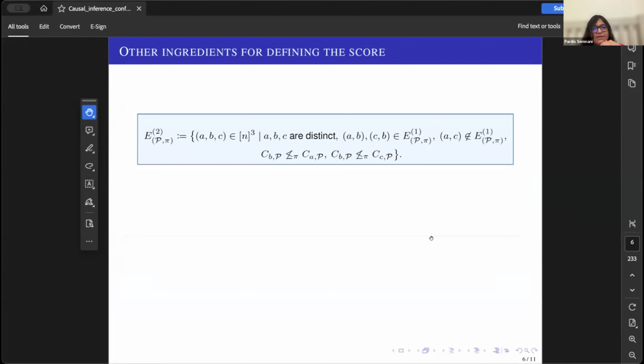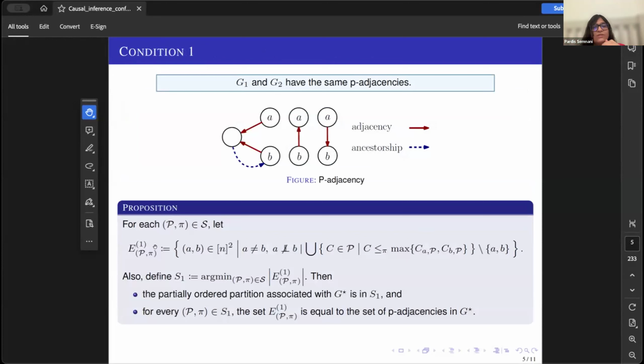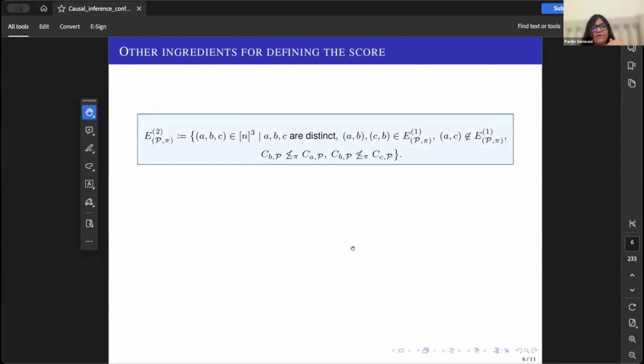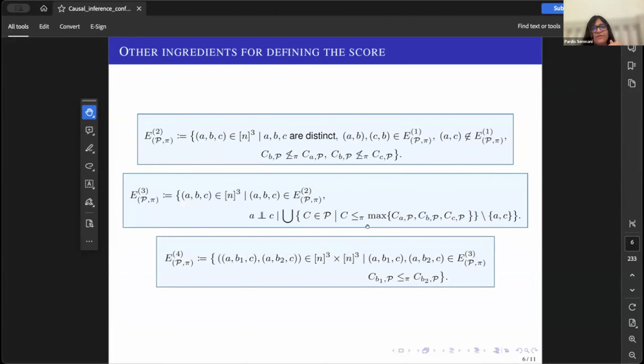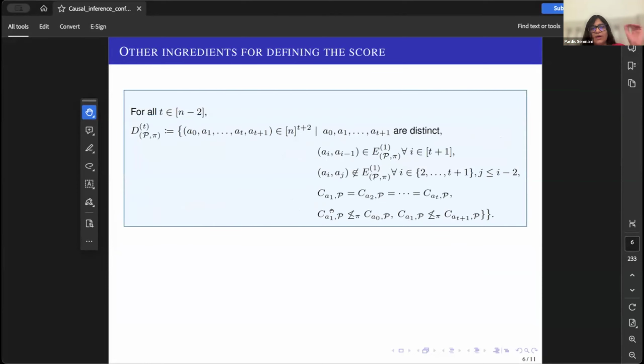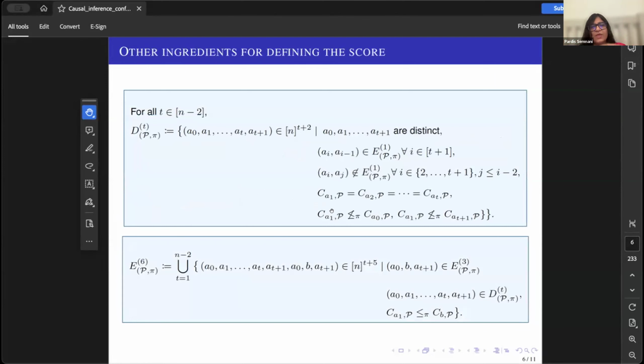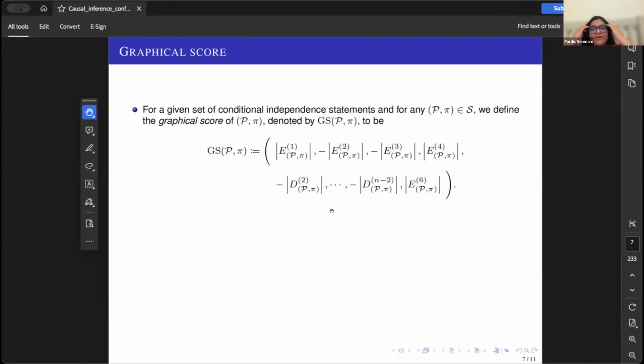But I want to emphasize that the only sets for which we actually need conditional independence testing are the set E1, where we have to do n choose 2 tests, and this set E3, where again we have to do at most n choose 2 tests. So at most n squared conditional independence tests for finding the score corresponding to each partially ordered partition.